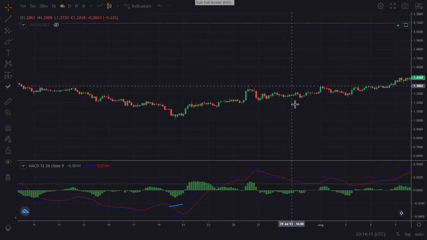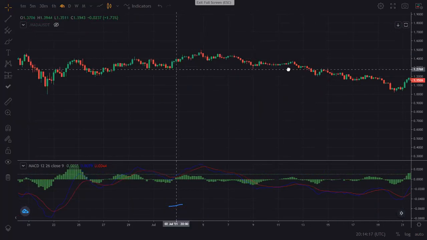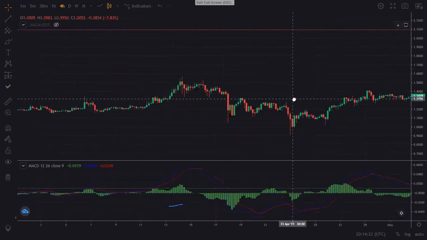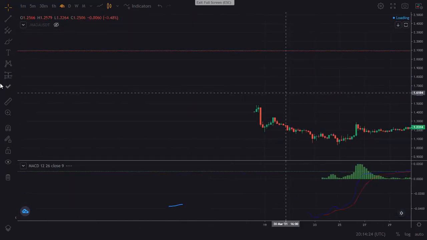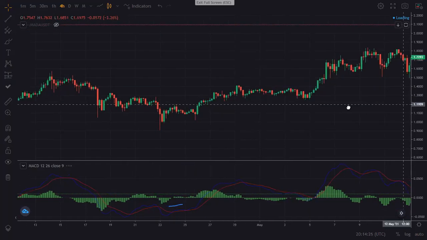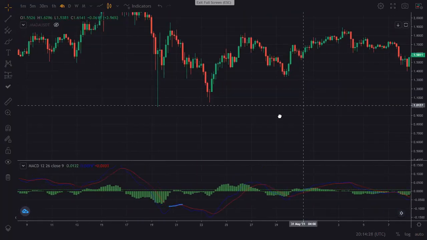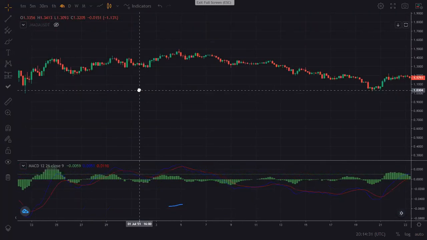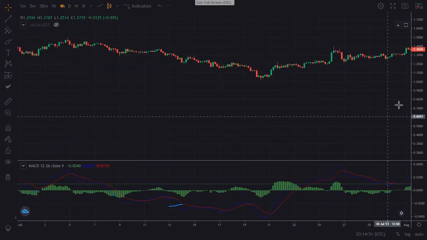Okay, let's say that here now. Let's find a very more ranging market before it breaks out. I think here is perfect. Here now.